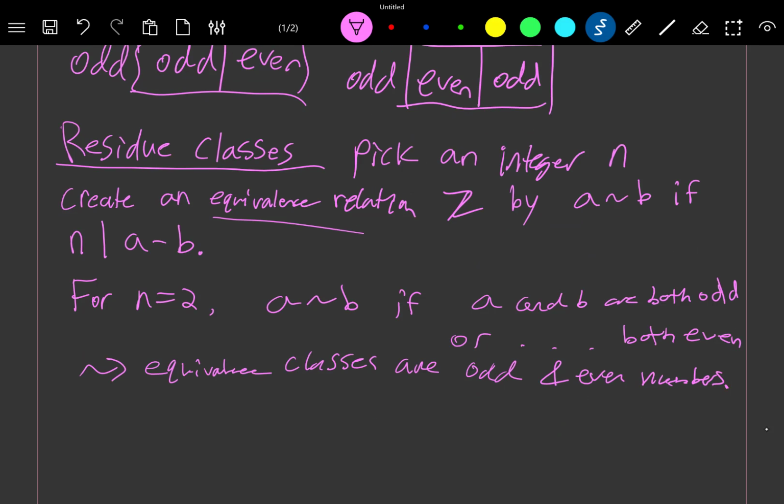First, let's actually show that a is equivalent to b if n divides a minus b is an equivalence relation.